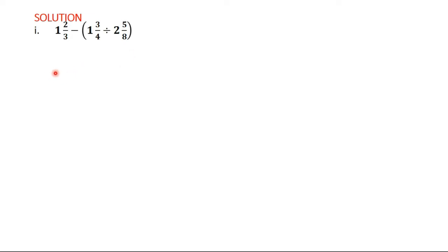So the principle can now be applied. So it says that we should first tackle whatever is in the bracket. So we go on to what is in the bracket. But because we have mixed numbers here, you first convert all the mixed numbers in the question to improper fractions. So you convert this one, you convert that, then you convert this.